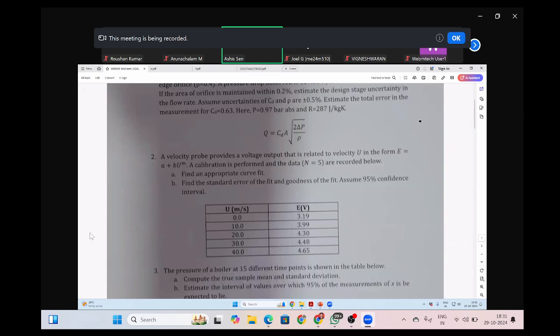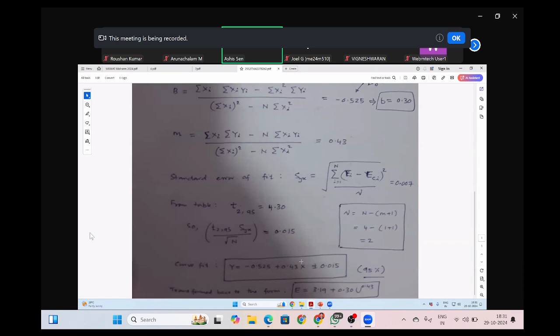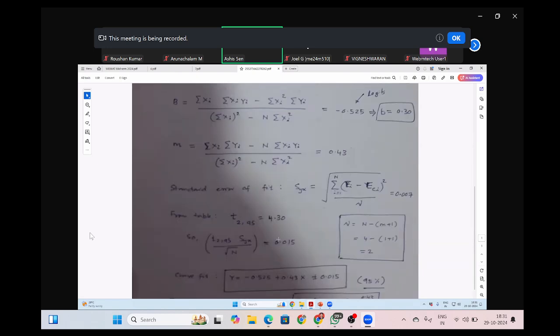And from this fit, if you substitute the value of U, you can read the value of ECI, right? The value of E from the curve fit is ECI. So it takes care of that sum. If you evaluate that, that is going to be 0.007.